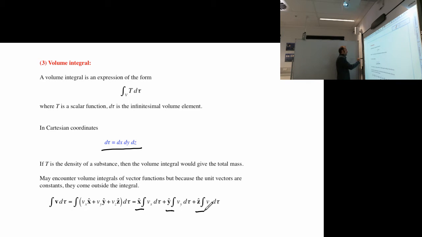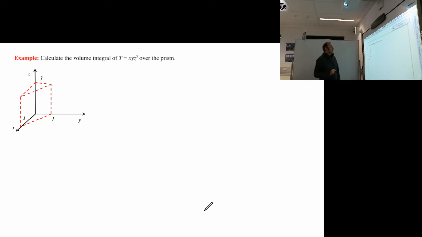Now let's just look at a problem where we want to calculate the volume integral of T equal to x, y, z squared over the prism. What we must first do is determine how x, y, and z vary. We can see that x is going to have some dependence on y. For when y is equal to 0, x is going to be equal to 1.